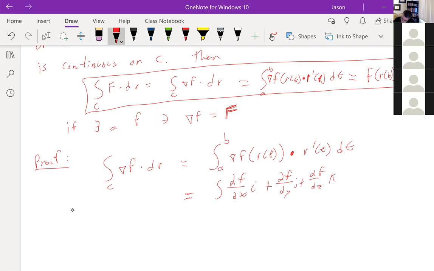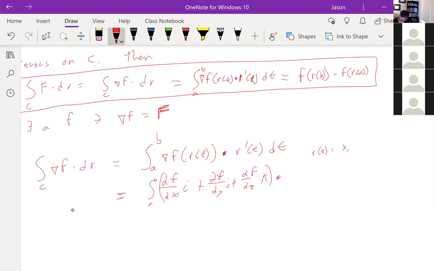Move this up, a to b. I'm going to dot this gradient vector with r prime of t. Let's say that r of t is equal to x of t i plus y of t j plus z of t k.